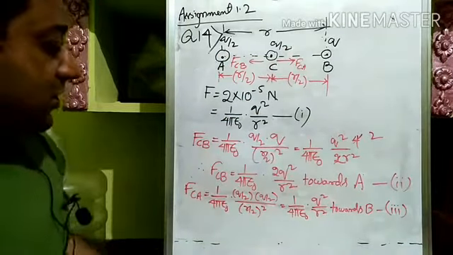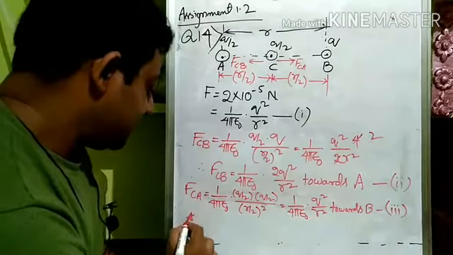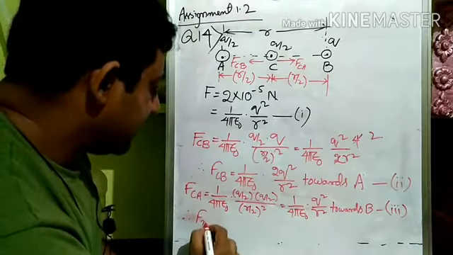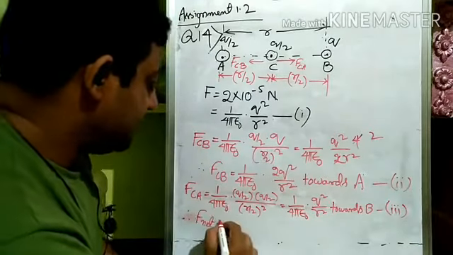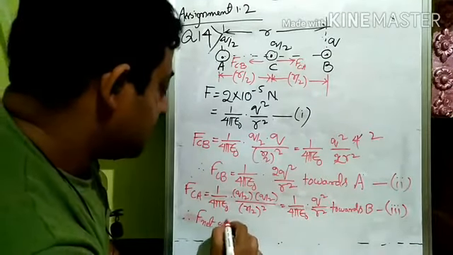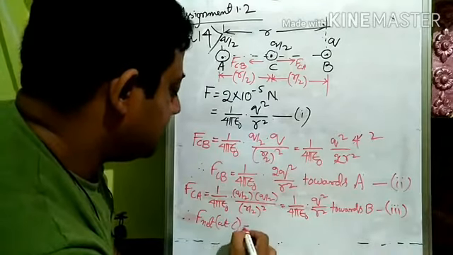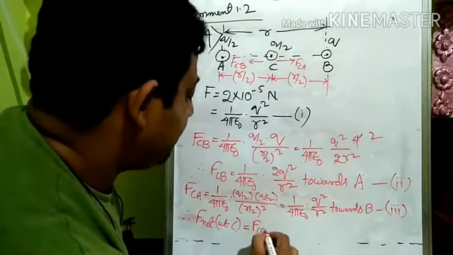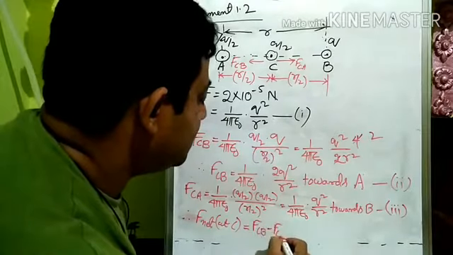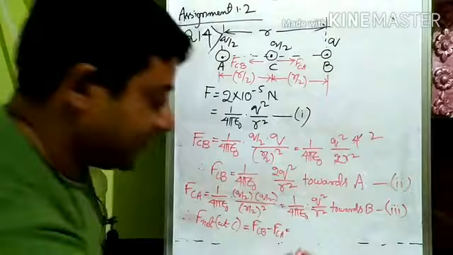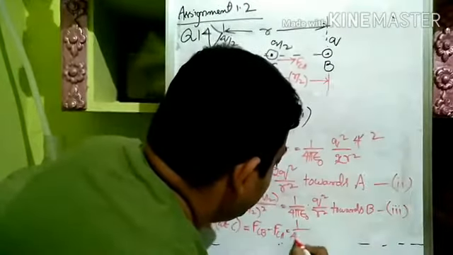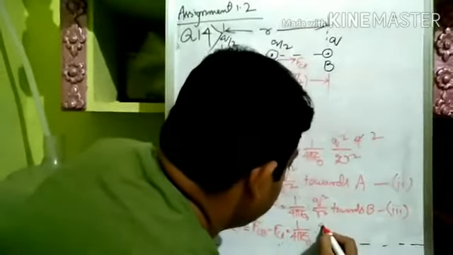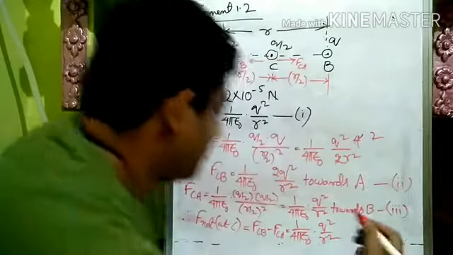Therefore F net on C is equal to FCB minus FCA, so 1 by 4 pi epsilon naught times 2Q square minus Q square, which is simply Q square by R square.